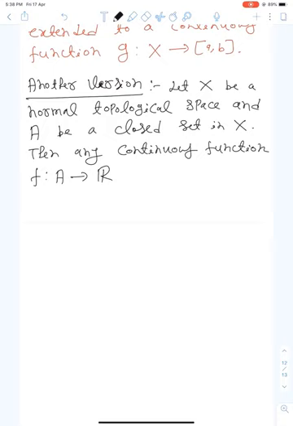So here I am not writing the closed interval [-1, 1]. Here I am writing R, right?